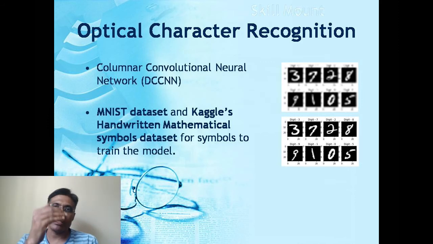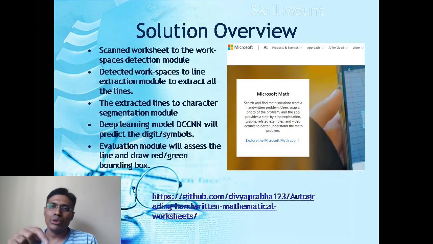Once the content is extracted by the OCR, we will understand the context of that using a DCCNN model. The next model will be the evaluation model, which will understand the formulas and things like that. So please check out the link provided below for this library on GitHub.